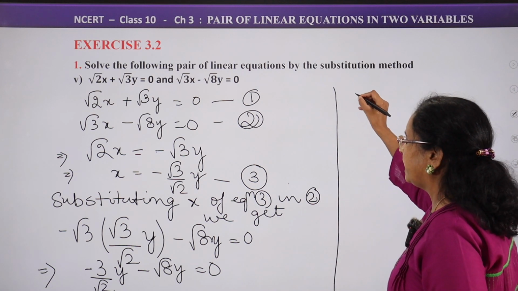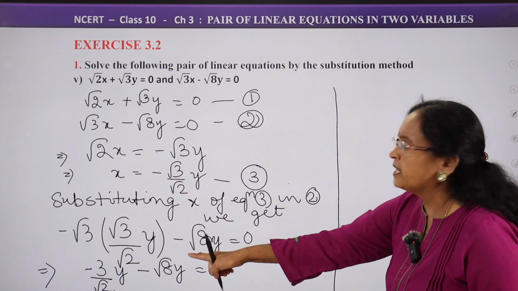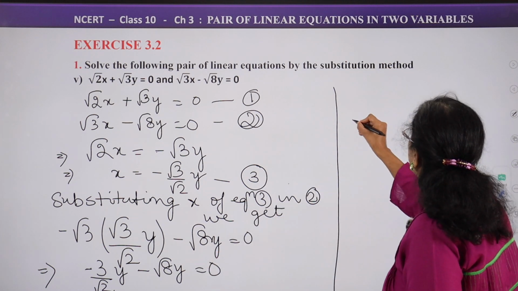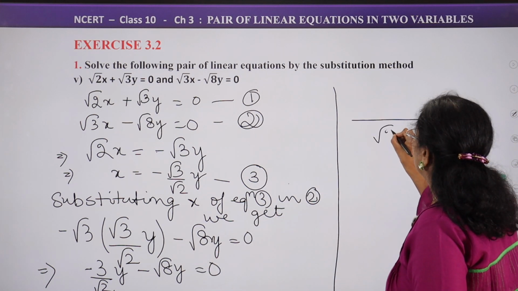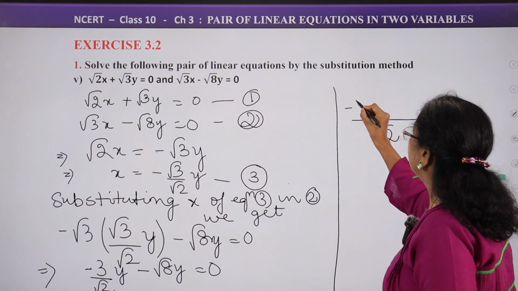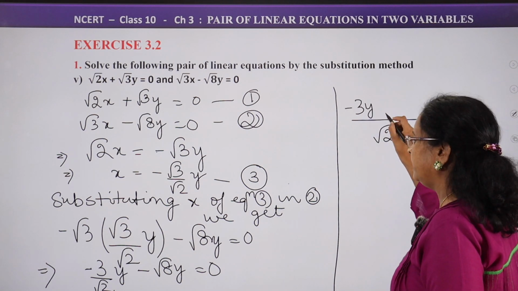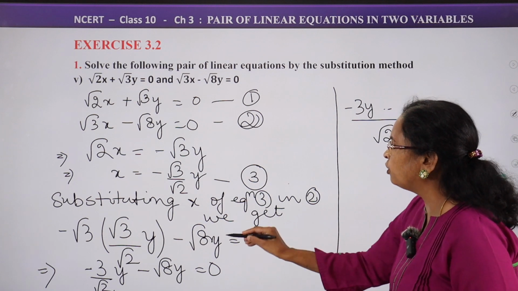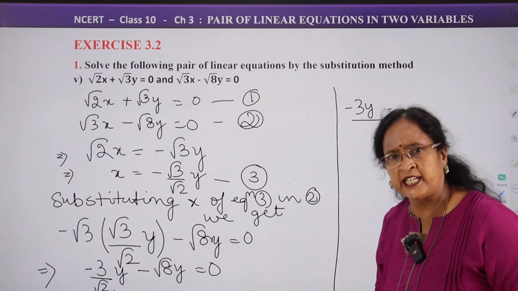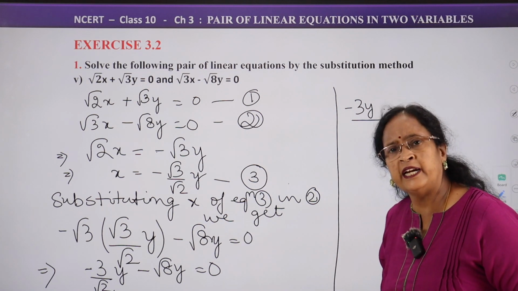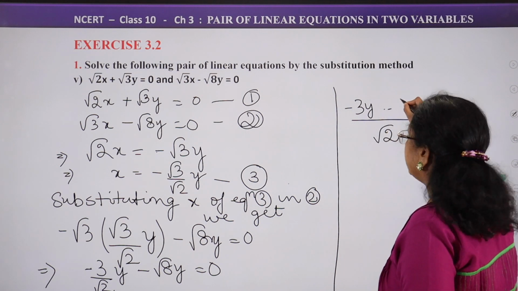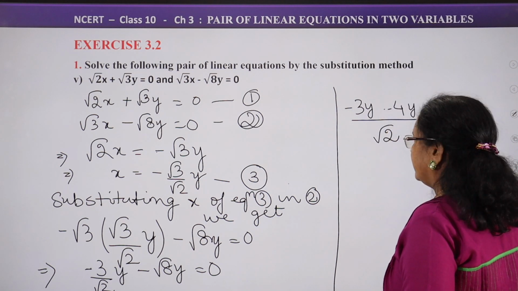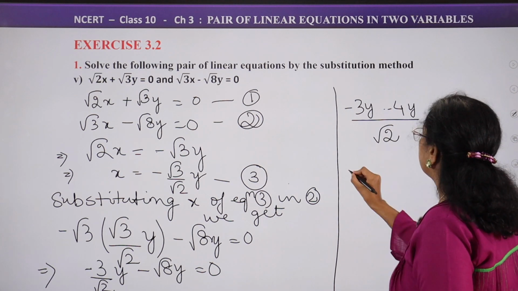Now, since it is a fraction, let us take the LCM, root 2. I get minus 3y minus root 2 into root 8, root 16, and root 16 is 4. Minus 4y is equal to 0.